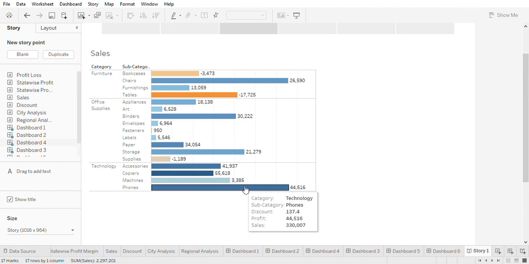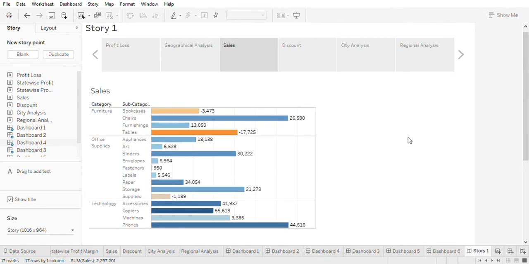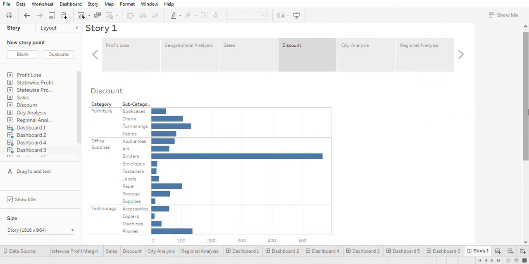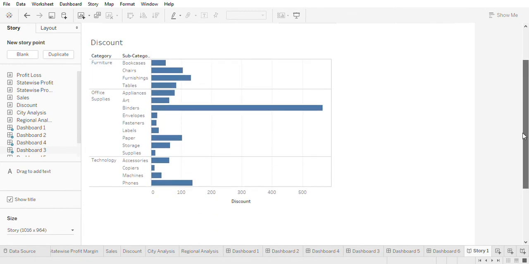And the sales for phones are large, and the profit for phones is also large, and also for copiers, if we look at the sales data. Now we'll take a look at the discounts. We can see maximum discounts are given to binders, and discounts are also given for tables and bookcases, which are incurring losses, so these discounts should not be given.